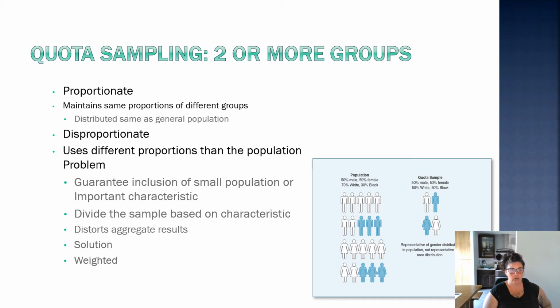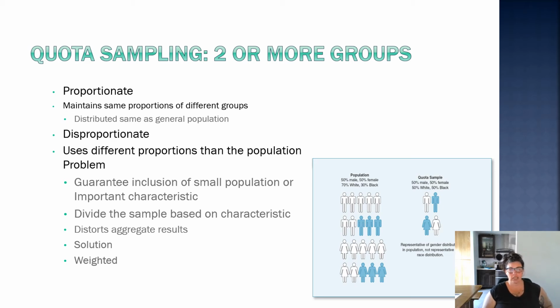So if you talk about proportionate quota sampling, you want to get about half men and half women in your research project. Our population is about half men and half women, so the distribution is essentially the same.